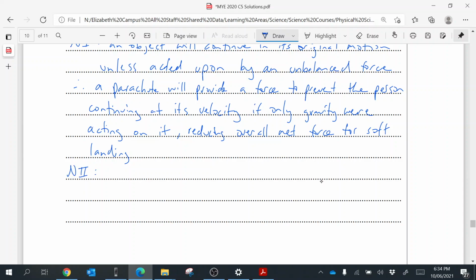N2: F equals ma, which is equal to m times (v minus u) over t.